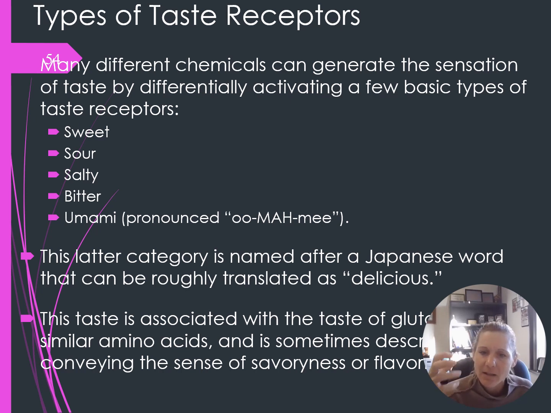So think of a meaty, nice protein, something along those lines, and that's that umami flavoring. What's cool about our taste buds and the different variety of foods that we consume is we can activate these receptors in so many different combinations, which is the spice of life, right? So being able to understand how we can activate these in various ways based on what we're consuming, I think it's fun.